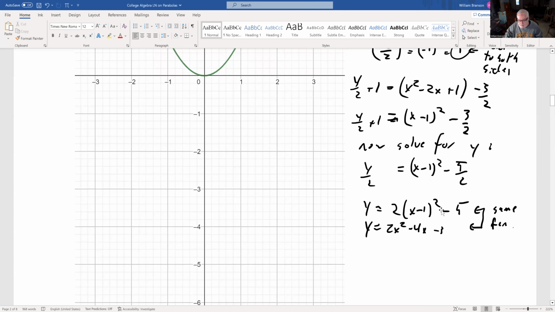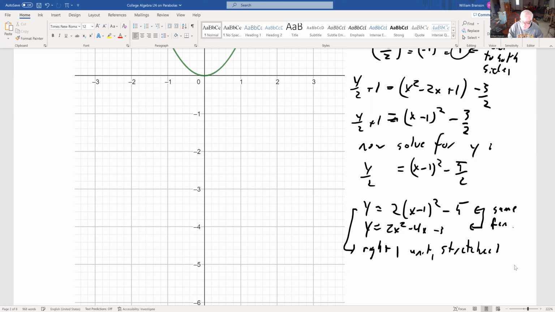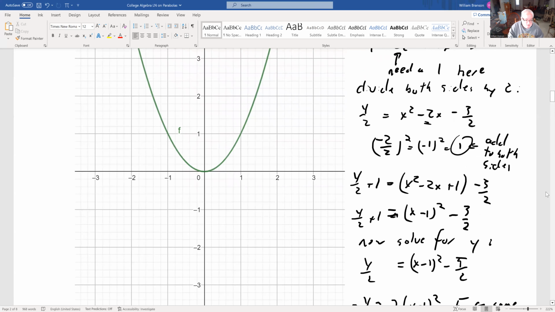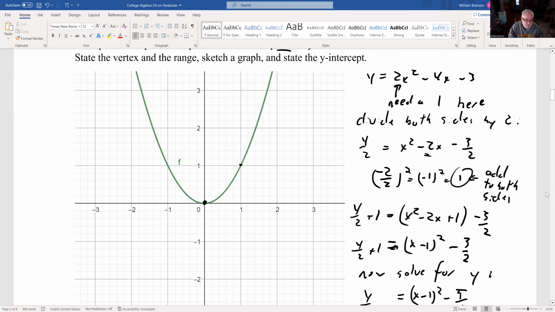This formula here allows us to graph it pretty quickly because it's right 1 unit, stretched by 2 and then down 5. So we start with these 3 points. Right 1 unit moves them to these 3 points.